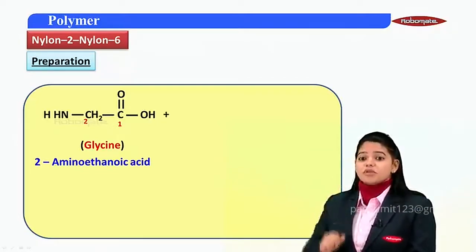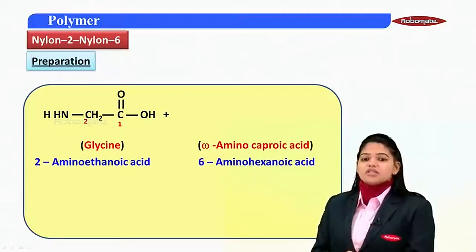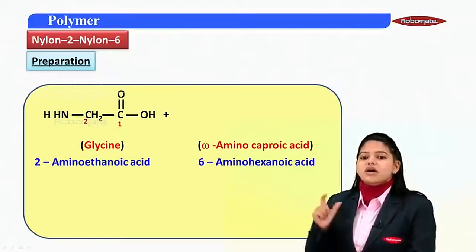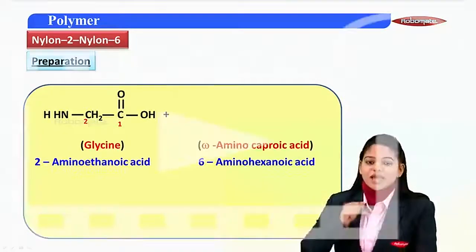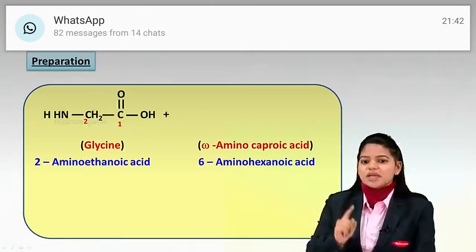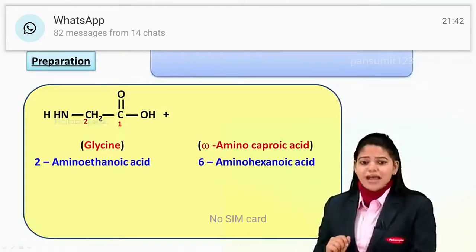The second monomer which we add here is 6-aminohexanoic acid, also called omega amino caproic acid. Now how do we make the structure of this 6-aminohexanoic acid? We take a chain of 6 carbon atoms.